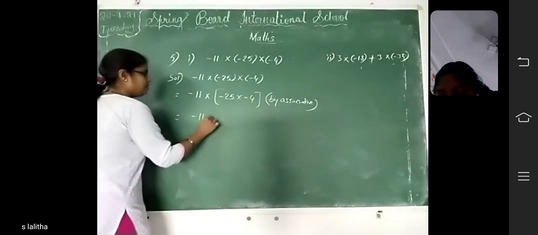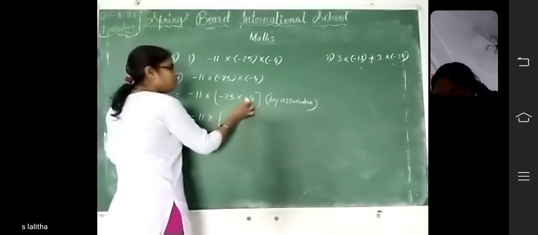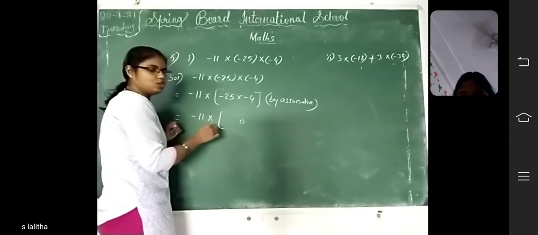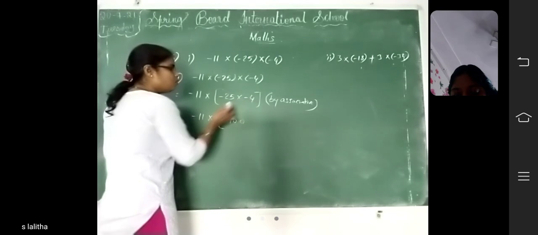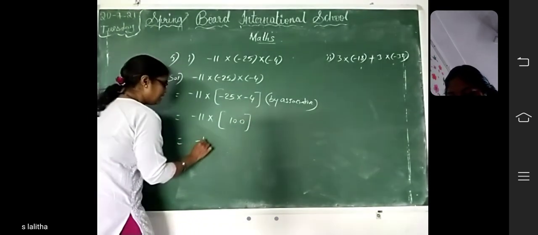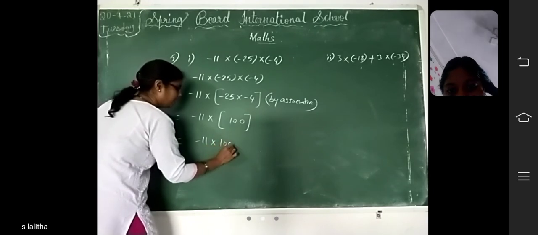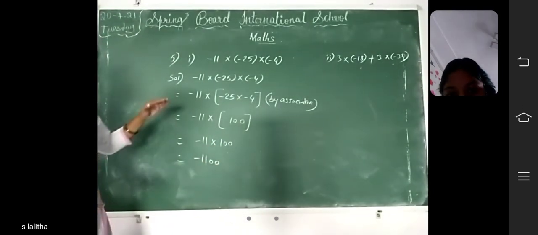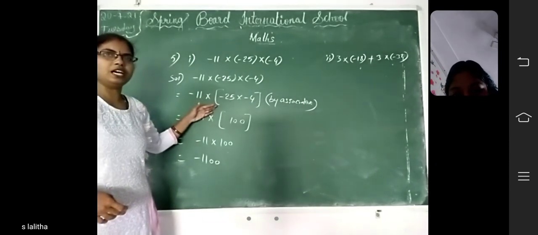So minus 11 into 25 into 4. How much? 4 fives are 20, 4 twos are 8 plus 2 is 10. Minus of minus is plus, 100. Okay, so minus 11 into, remove the bracket, 100. What is the answer? Minus 1100. So which property did you use here?